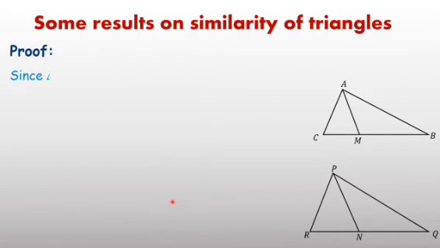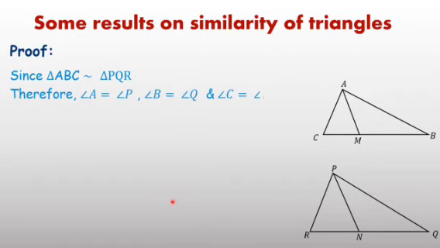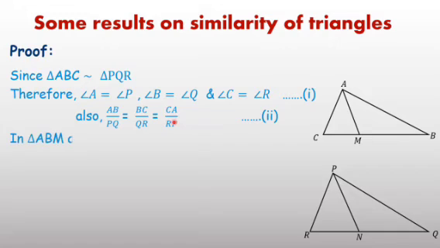Now in proof, first we start with the help of given part. Given part means triangle ABC similar to PQR. And if two triangles are similar, then corresponding angles are equal and ratio of corresponding sides are same. Now next task, we have to take triangle ABM and PQN.